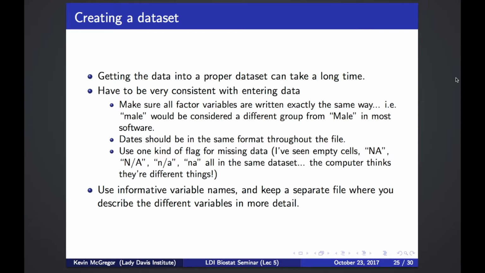But one of the biggest mistakes I see in data sets that I receive from my collaborators is they won't be consistent when they're entering the data. So you'll see factor variables, say like male and female, that won't be written consistently throughout the document. For example, you might see male written all in lowercase letters, and for another individual, you would see a capital M for male.